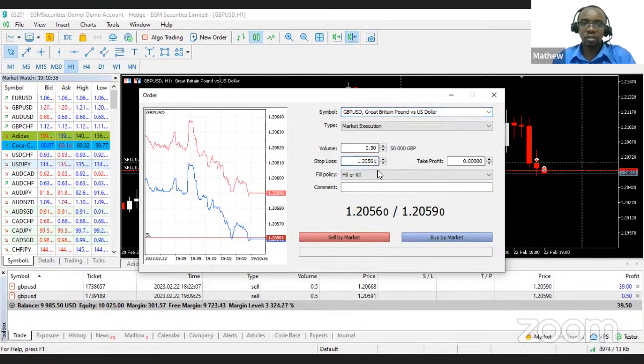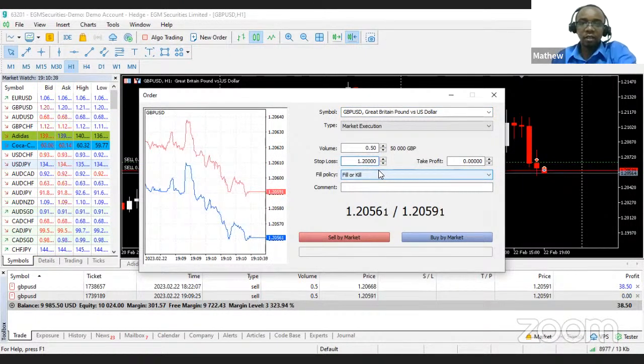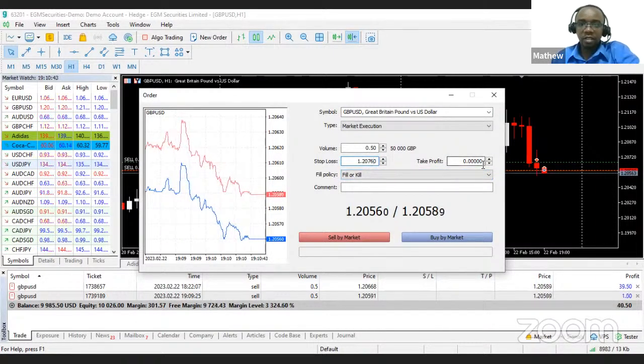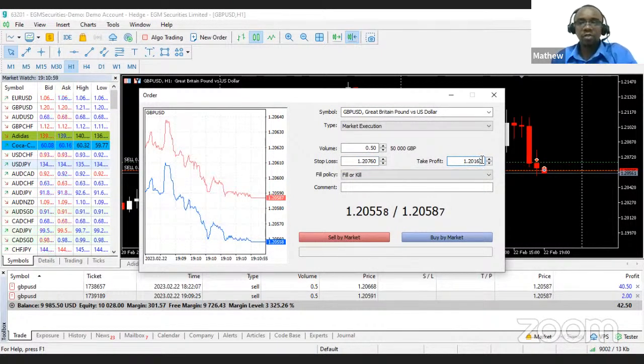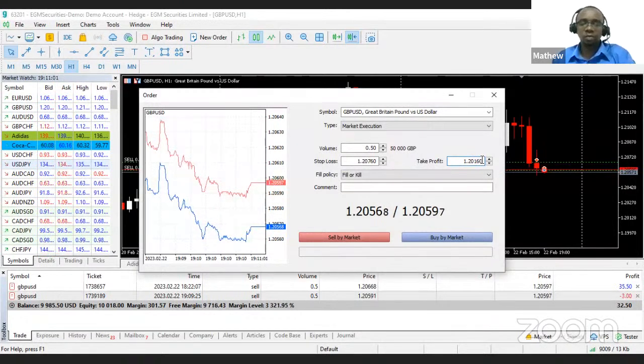Because it's a sell, the stop loss should be up, let's say 20 pips up, so 76, and then take profit, let's say 40 pips down. So in that case, if it's 40 pips down, then you should just come and set it out. That will become 2016.